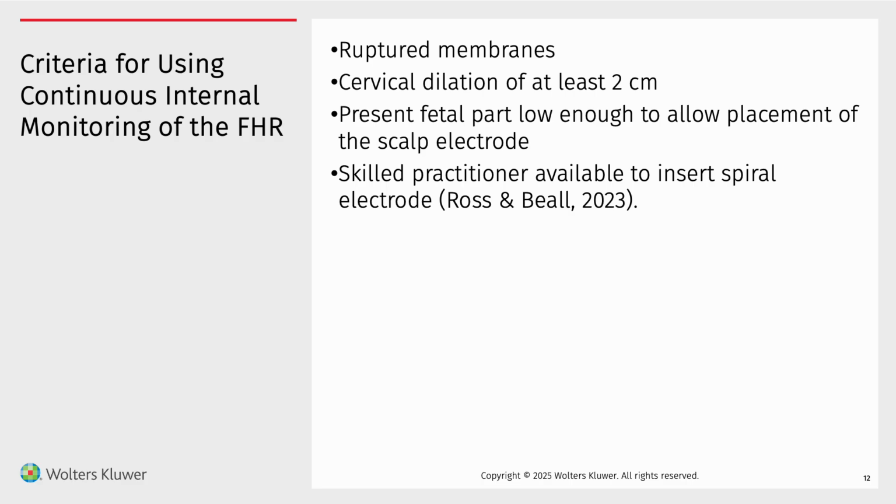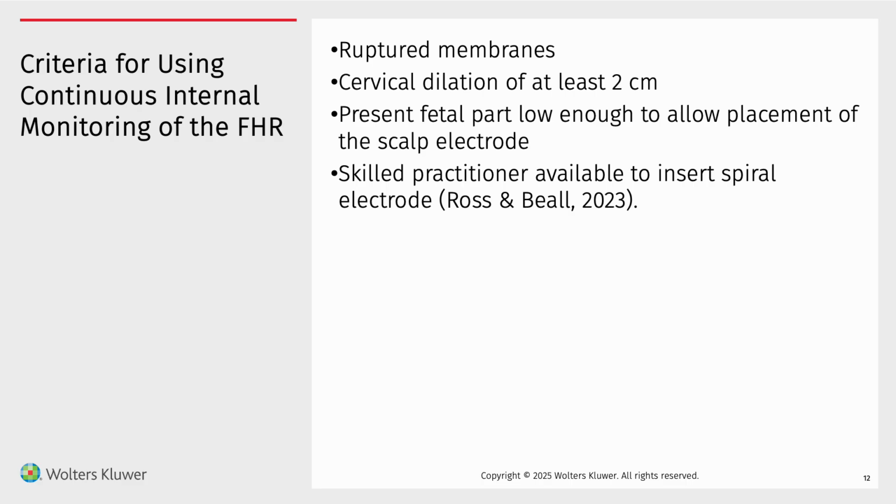This can happen spontaneously or be done artificially, but the internal device must pass through the cervix into the amniotic sac. Inserting them through intact membranes would only risk injury or infection. So you don't want to insert unless the membranes are ruptured.